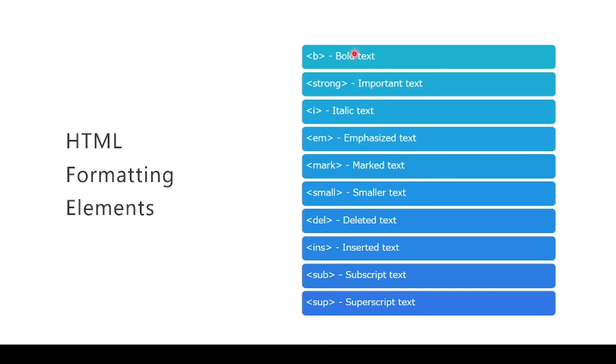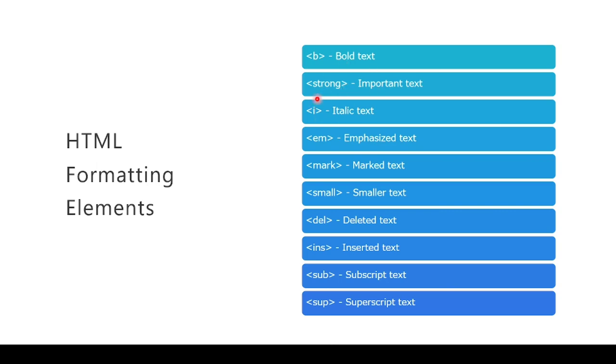It is similar to the bold B tag, but in HTML page ranking, which we will discuss in a future video, it matters whether we use the B tag or strong. It affects the ranking of the page.